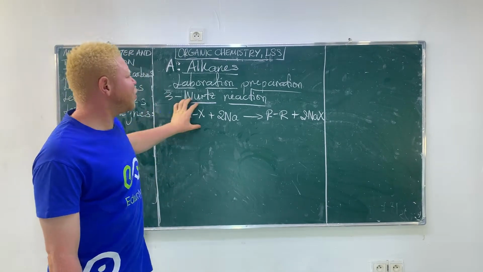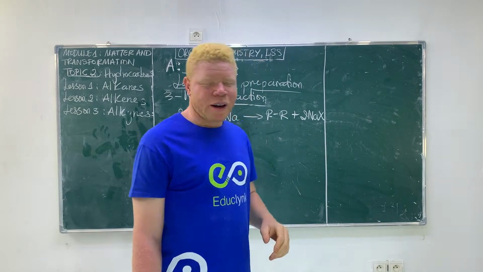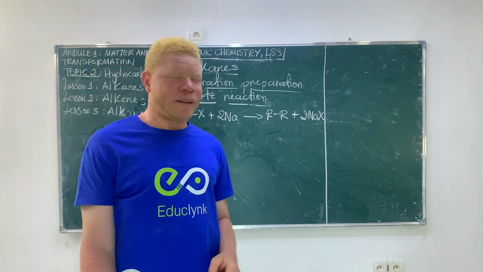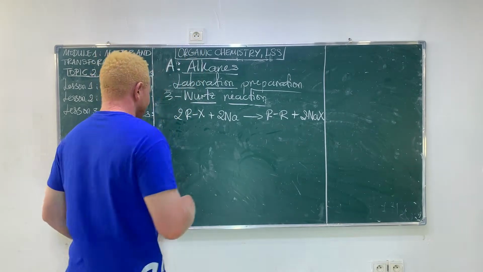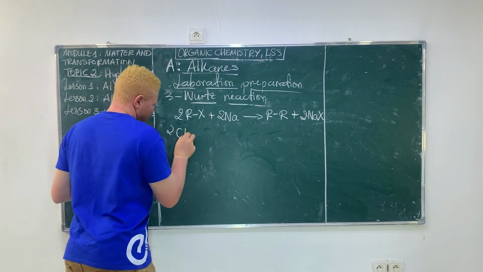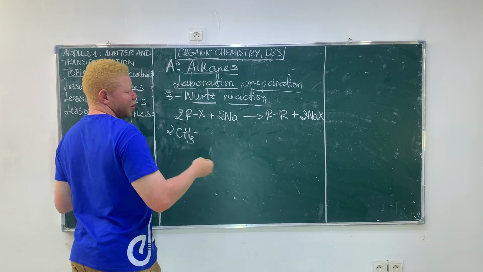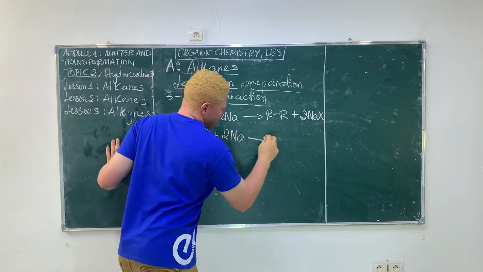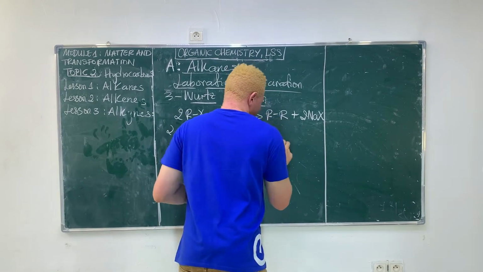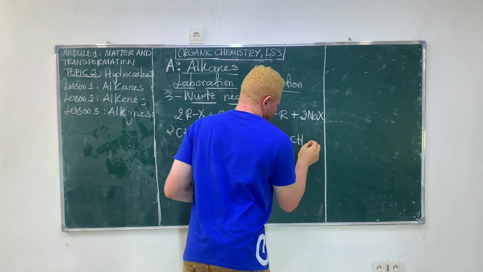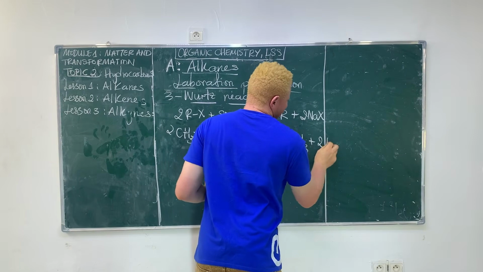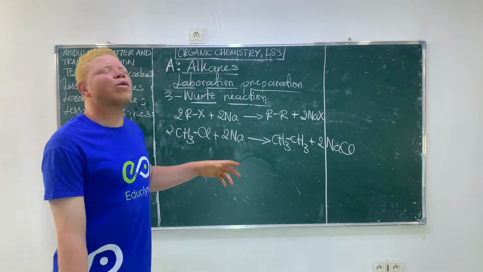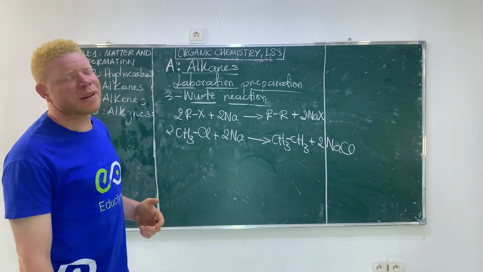If I just gave this reaction to you guys, it would be like serving you without dessert. So let me give you an example. Having 2 CH3Cl plus 2 sodium giving CH3CH3 plus 2 sodium chloride. This can also go with a benzenic compound or an aromatic compound.